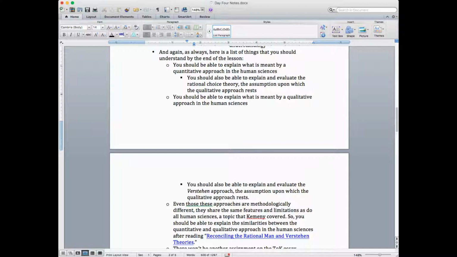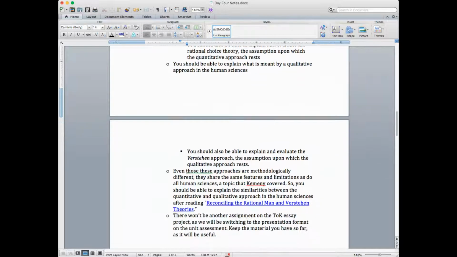So remember, you should be able to explain what's meant by a quantitative approach in the sciences. You should be able to explain and evaluate the rational choice theory, the assumption upon which the quantitative approach rests. You should be able to explain what is meant by a qualitative approach in the sciences.